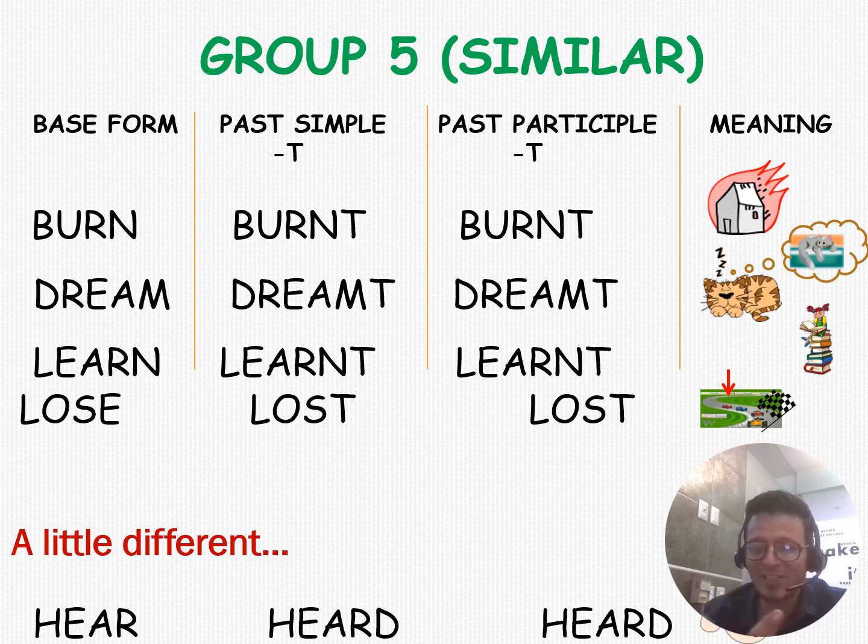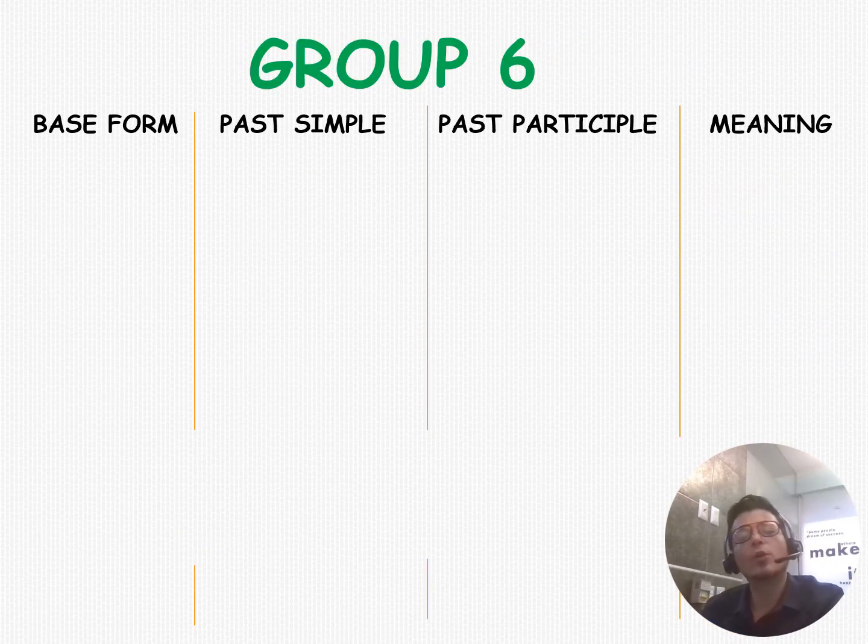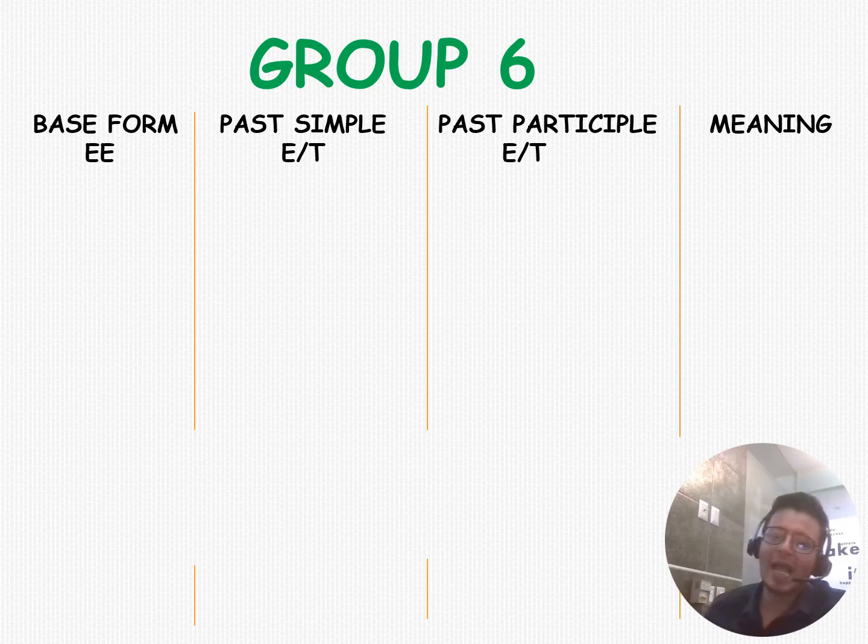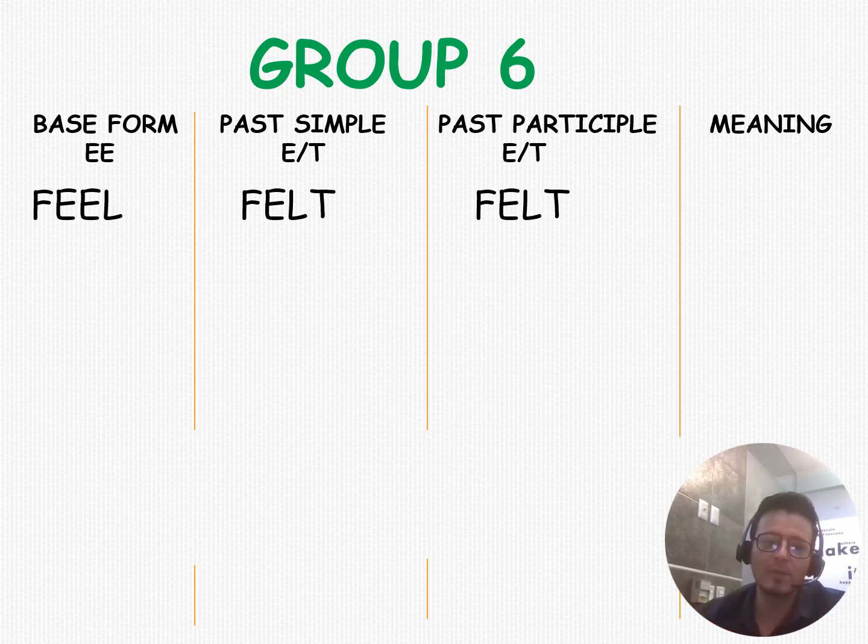Okay, so let's go to group 6. In this next group, we're going to check those irregular verbs that in its base form have a double E, and in past and participle have one E and one T. For example, feel, felt, felt.